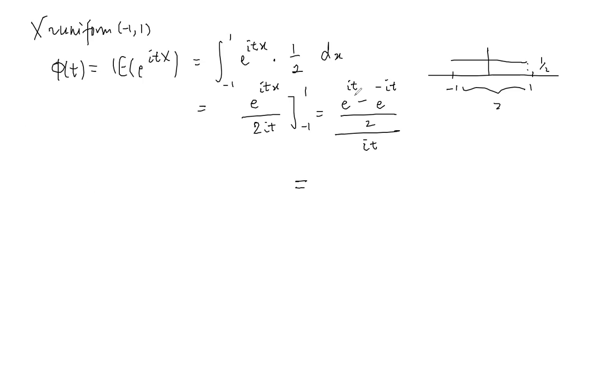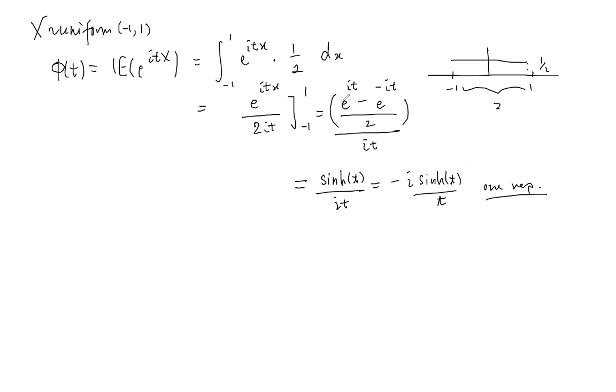One representation is that this basically is a hyperbolic sine. And this one you can write as minus i sinh of it, by multiplication of i over i. Yeah. Okay, this is one representation.